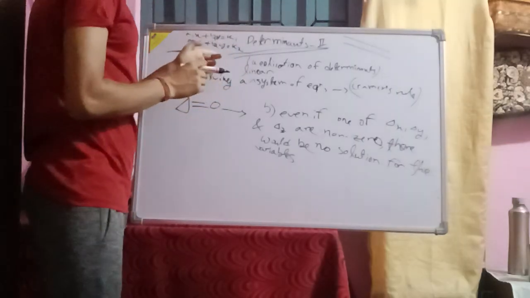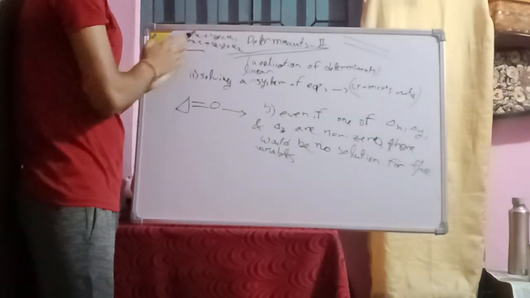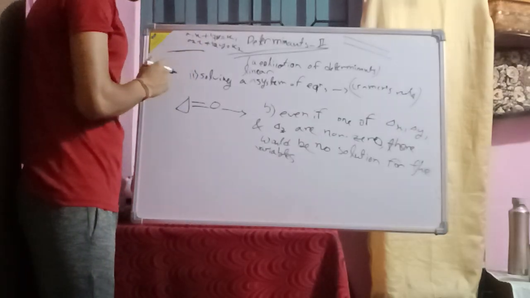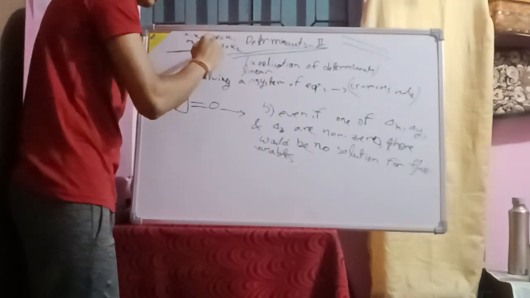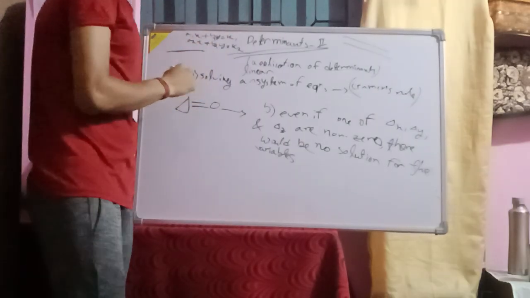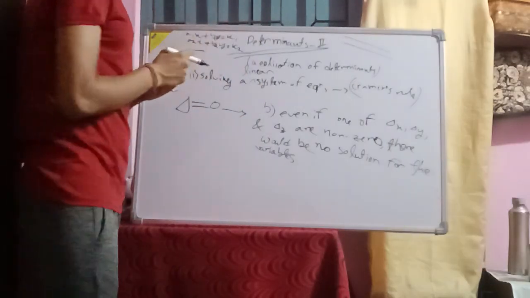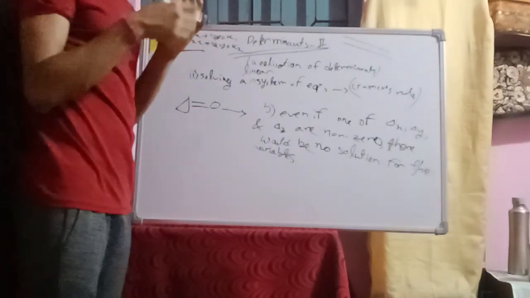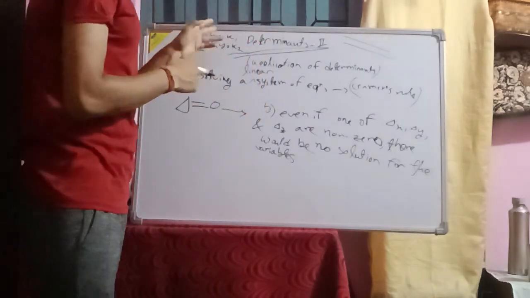Now, if there are an infinite number of solutions for these two equations, that means these two equations would be the same. That means a1, b1, a2, b2, k1, k2, all these things are arranged in such a way that these two equations, at the most simplified form, will be the same.